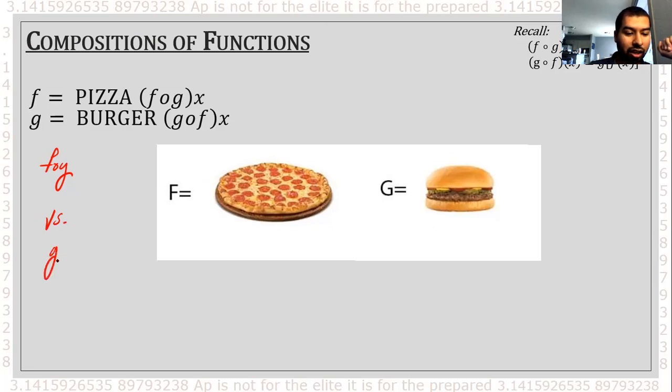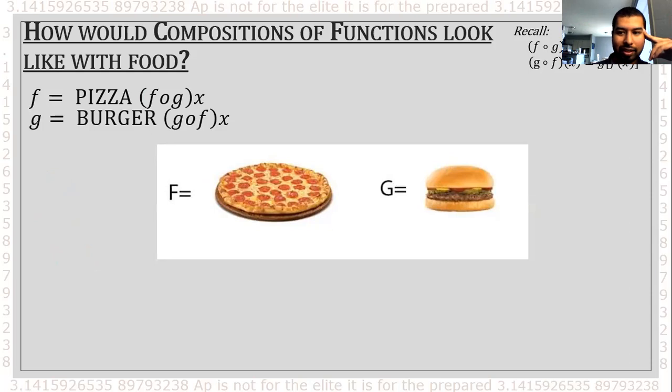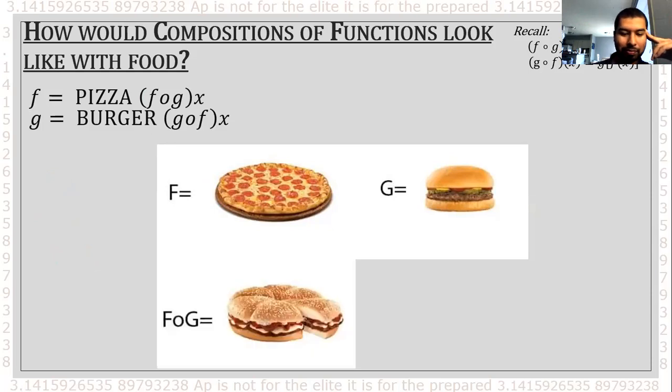The next one is g of f. So my f goes into my g, right? Because we read from right to left. And if not, you can see that this right here has a little cheat code. So hopefully you have a picture of something like so. So f of g: my g went into my f.